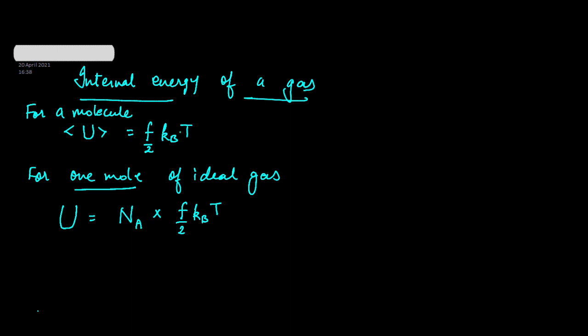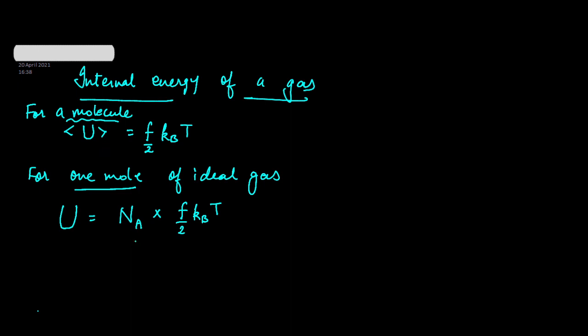Another thing to note here is, I'm not writing average now. Earlier, when you are finding it for one single molecule, everything has a different speed, different kinetic energy, so that is an average.